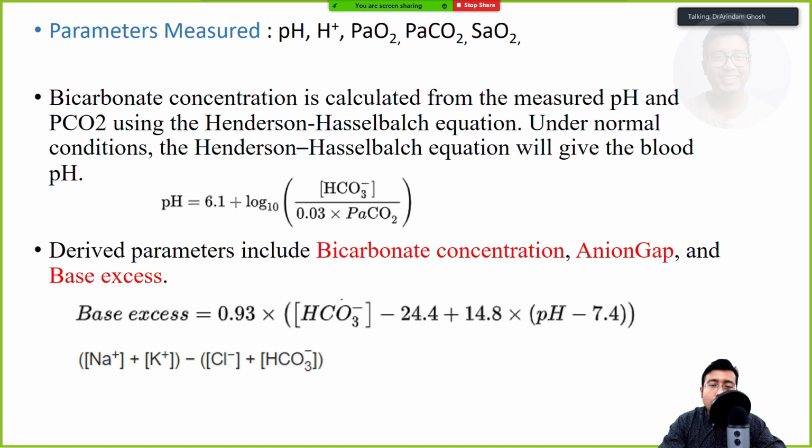Now, we already discussed the parameters that can be measured. Number one, pH. Basically pH gives information about H plus; pH is the negative log of hydrogen ion concentration. Then there are the partial pressures of the gases. It can be the partial pressure of oxygen or carbon dioxide, the alveolar partial pressure of oxygen, the arterial partial pressure of oxygen, depending on where we are taking it from.